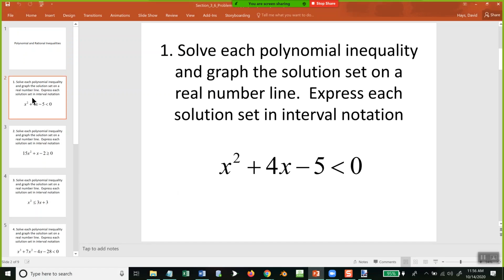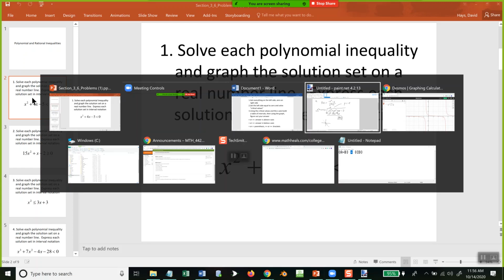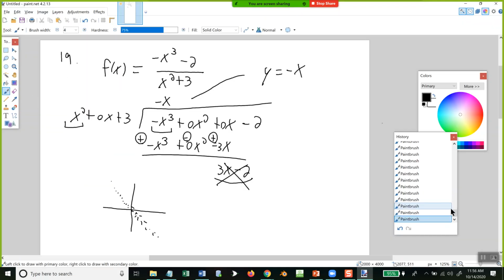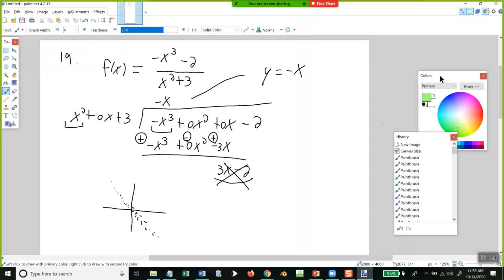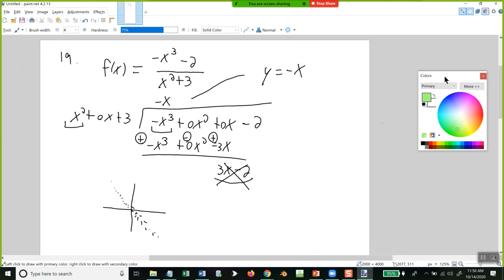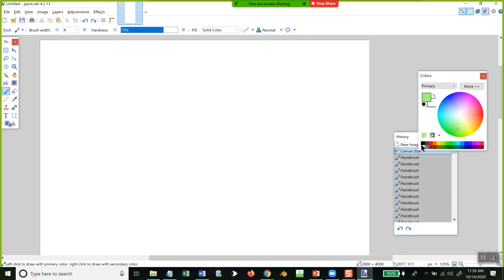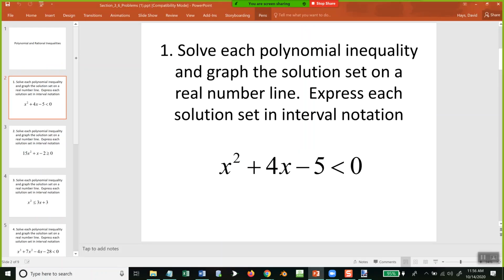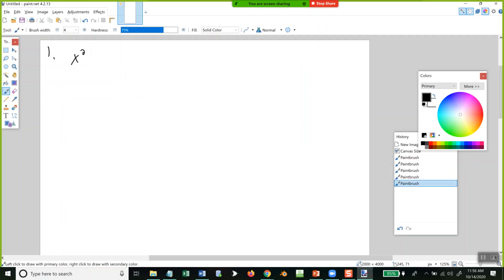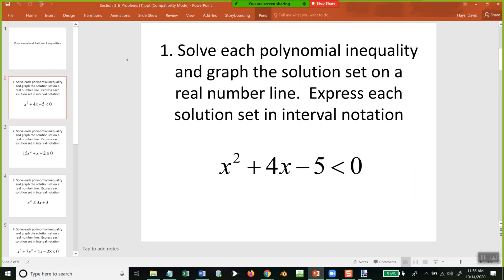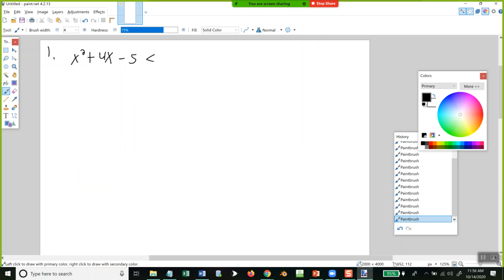Let's take a look at this problem. x squared plus 4x minus 5 is less than 0.